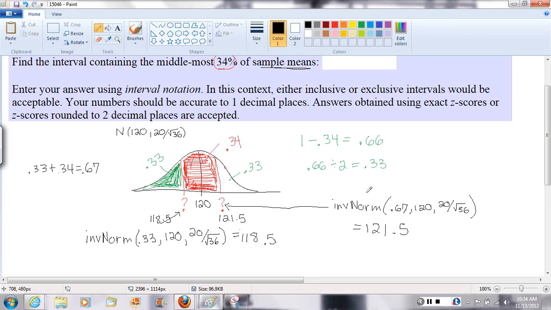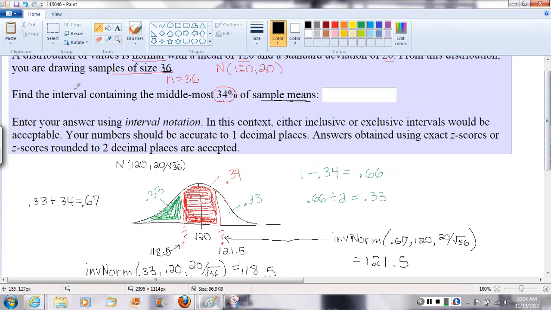And the last thing to notice here is they're asking for the answer as an interval. They want us to enter it in interval notation, so we need to use parentheses and enter the left-hand value, 118.5, then a comma, and then the right-hand value, 121.5, and then another parenthesis. And it's always nice to take a minute and think about what that means.